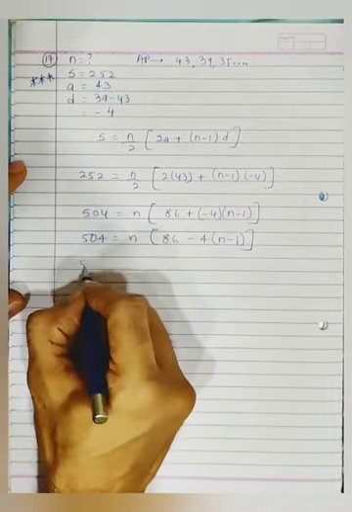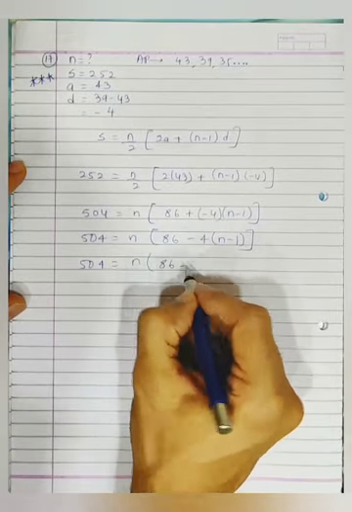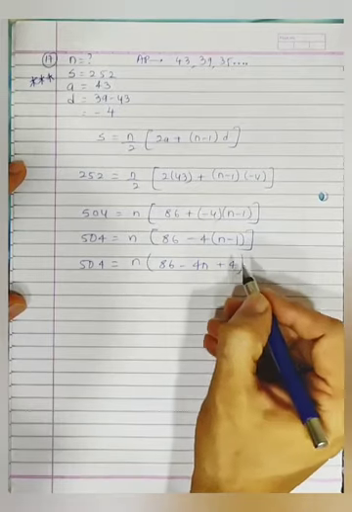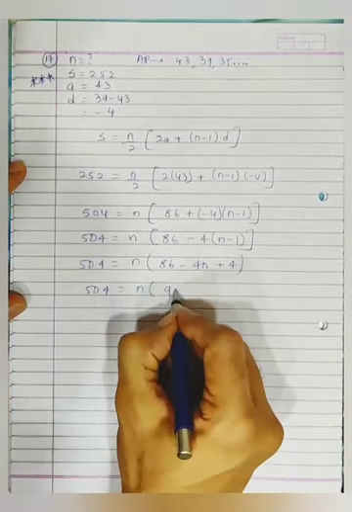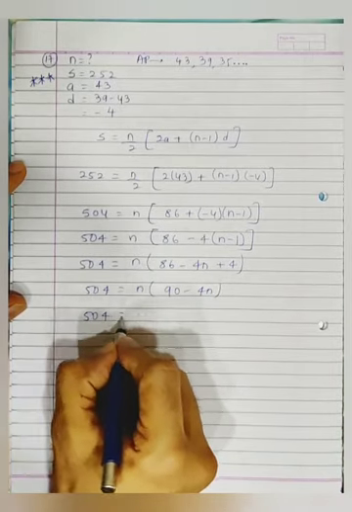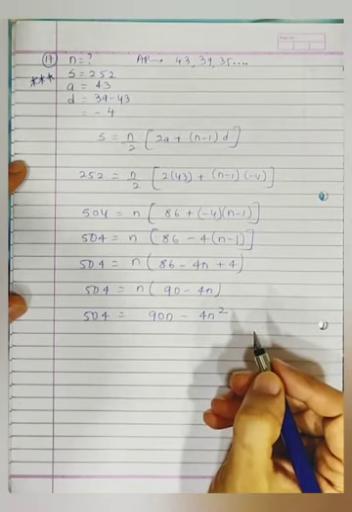Now open the brackets. 504 is equal to N. 86 minus 4N, minus into minus, plus 4. So 504 is equal to N. 90 minus 4N. 504 is equal to 90N minus 4N squared.